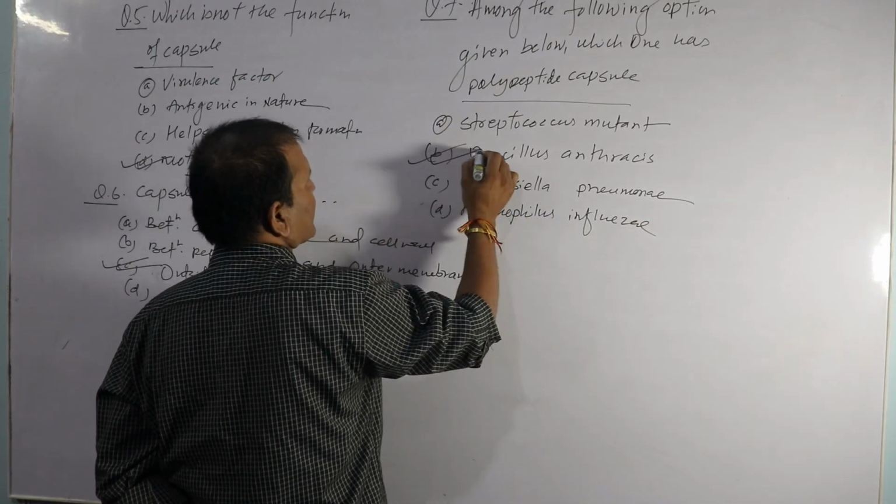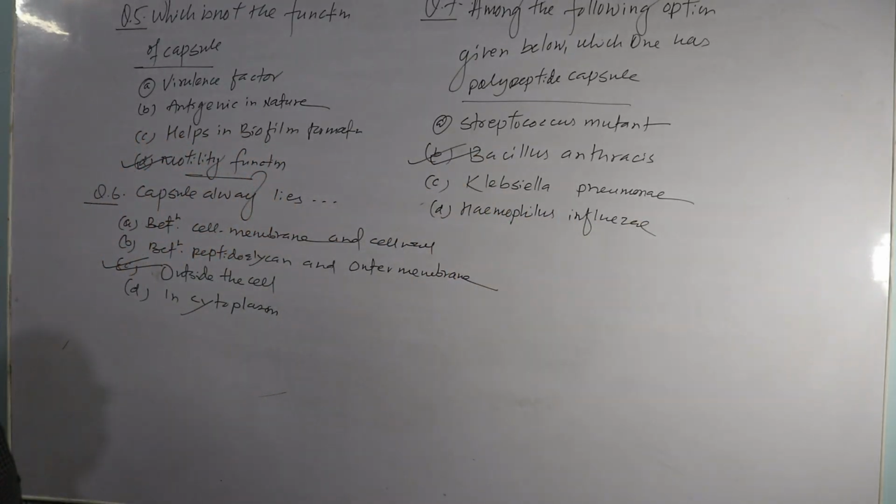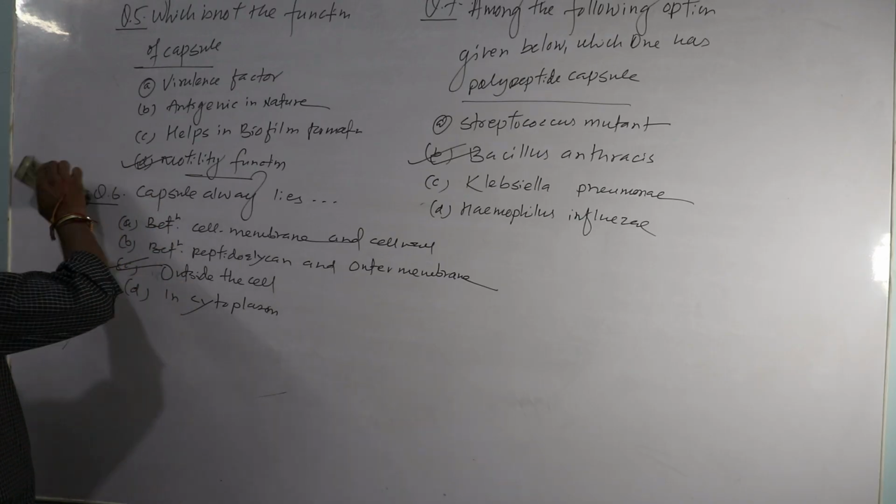So Bacillus anthracis has a polypeptide capsule. So these are the questions we deal with related to the capsule. So hope you all understand these MCQs and the chemical nature and function of capsule. Thank you very much.